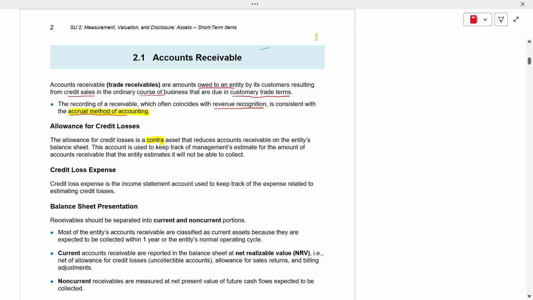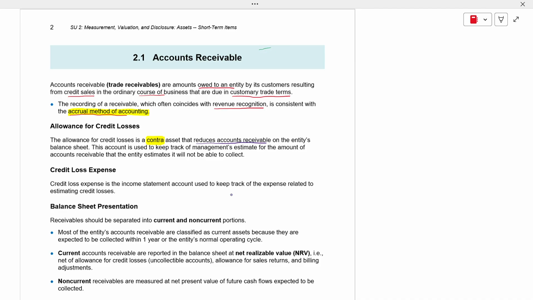You have any idea about this? Yes, an account that appears in two places. The allowance for credit losses is a contra asset that reduces the account receivables on the entity side, as well as on the liability side.